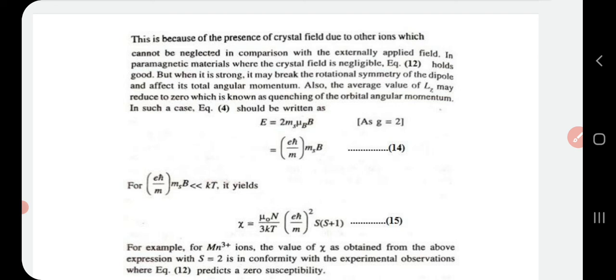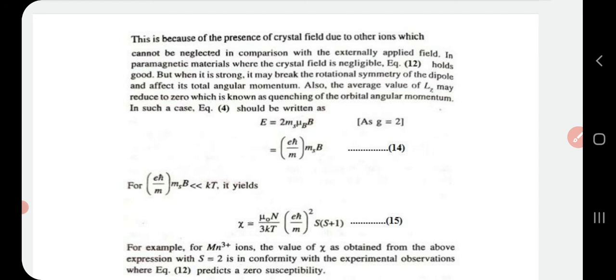That also I will upload as notes, because in that case we cannot neglect the crystal field due to other ions in comparison with the externally applied field. That is, there the effect of the crystal field comes. So using this simple equation we will not be able to calculate the susceptibility of ions of the iron group, just because of the influence of the crystal field.